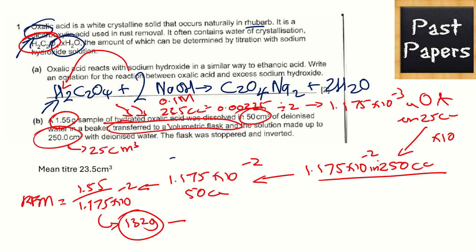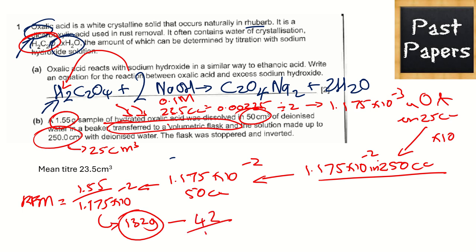So that is 132 minus the 2 hydrogens minus the 2 carbons minus the 4 oxygens, oh, it doesn't tell me anything, I've just typed it in wrong. So let's do it again. 132 minus the 2 hydrogens, the 2 carbons and the 4 oxygens gives me 42.